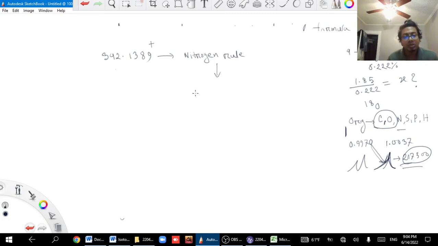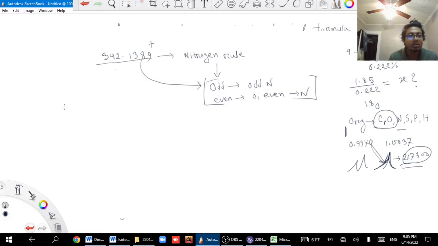What you should remember is that for an odd number you will find an odd number of nitrogen, and for an even number you will find zero or an even number of nitrogen. So the trick is that if this number is even, it should follow the odd rule of nitrogen.